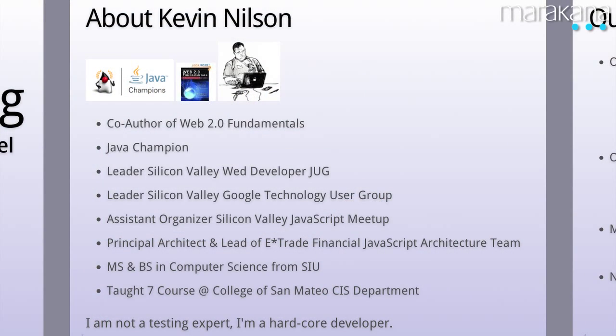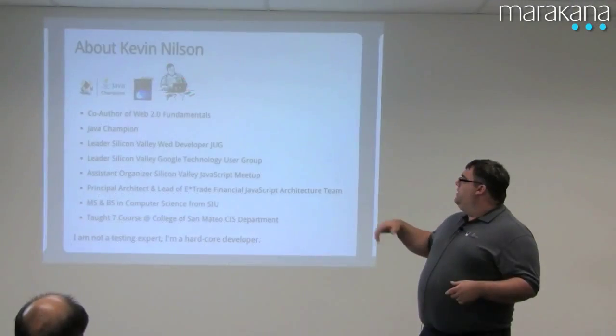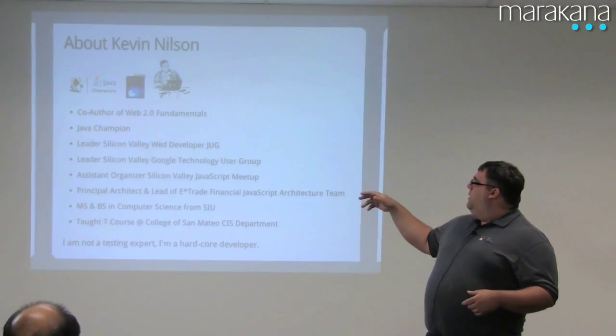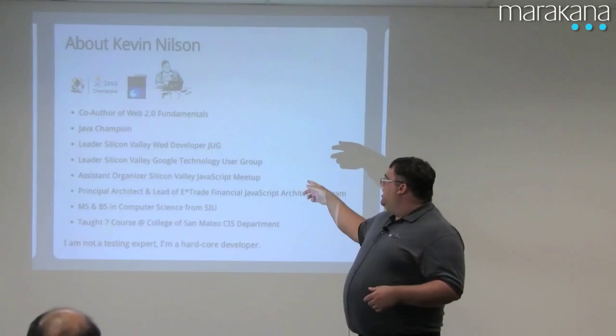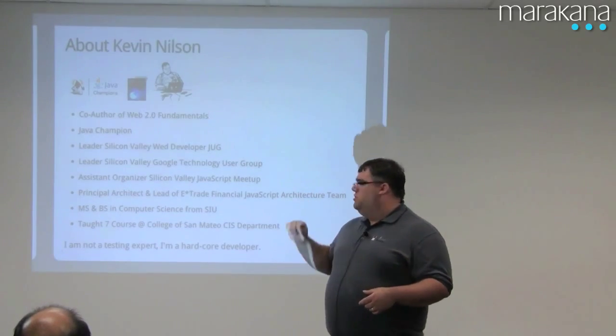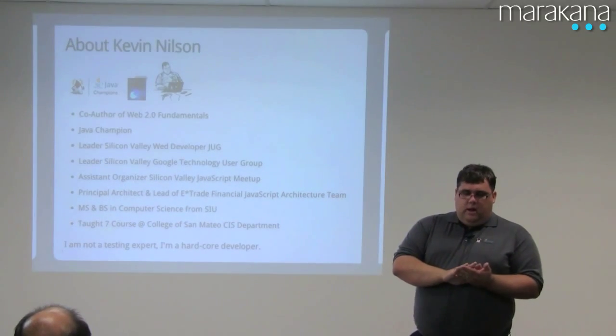About me: I wrote a book, Web 2.0 Fundamentals. I'm a Java Champion, sort of an Innovator Lifetime Achievement Award for Java. So that's really my area, Java and Java web development. It's not testing, it's not QA. I run 3 user groups: the Silicon Valley Web Java User Group, the Google Technology User Group, and the JavaScript meetup.